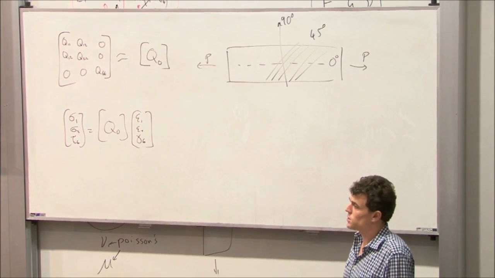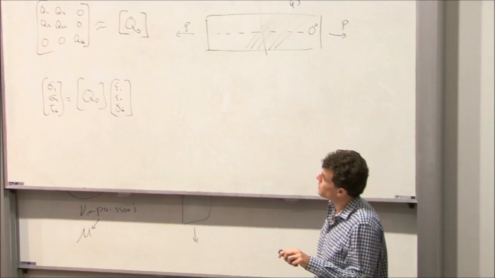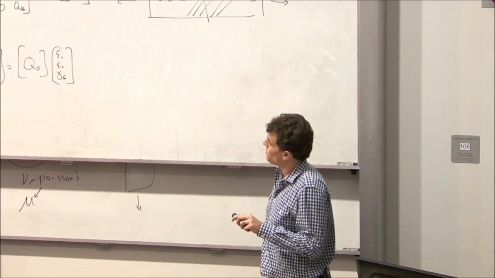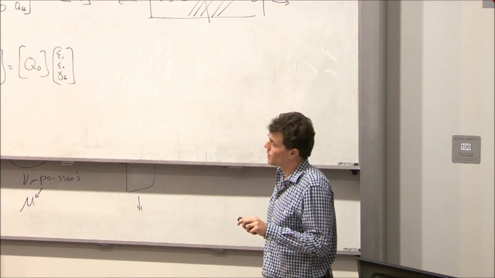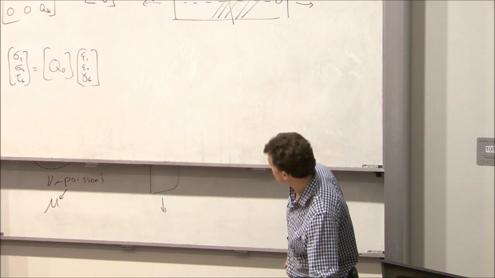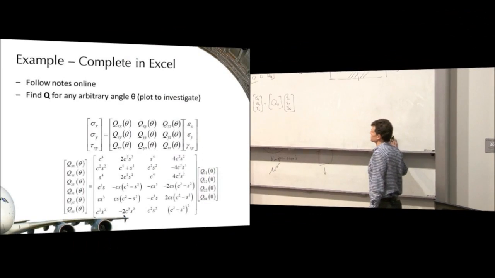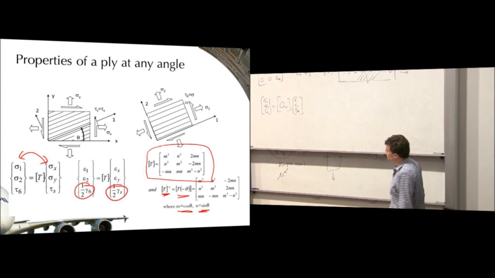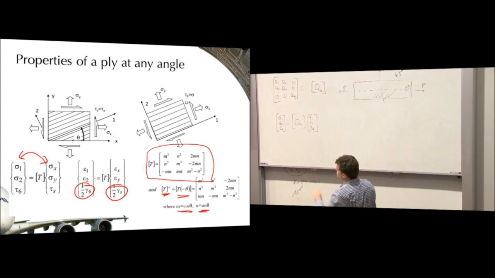So any set of Cartesian coordinates, we've got sigma x, sigma y, and tau xy, epsilon x, epsilon y, and gamma xy. So we can make some substitutions.